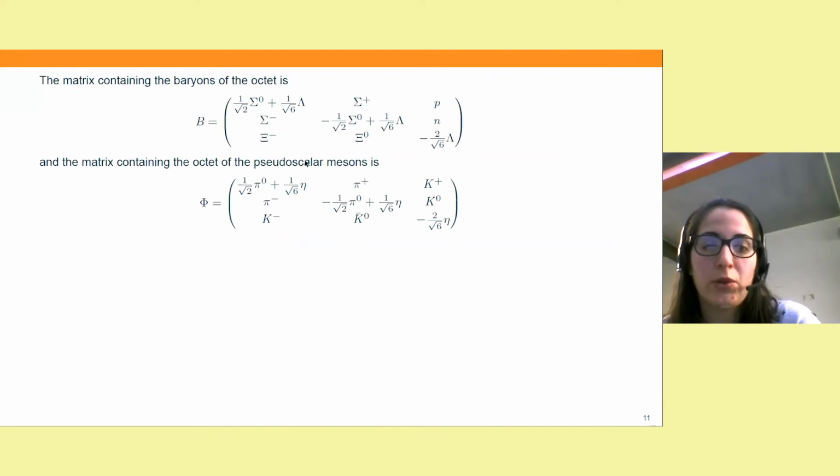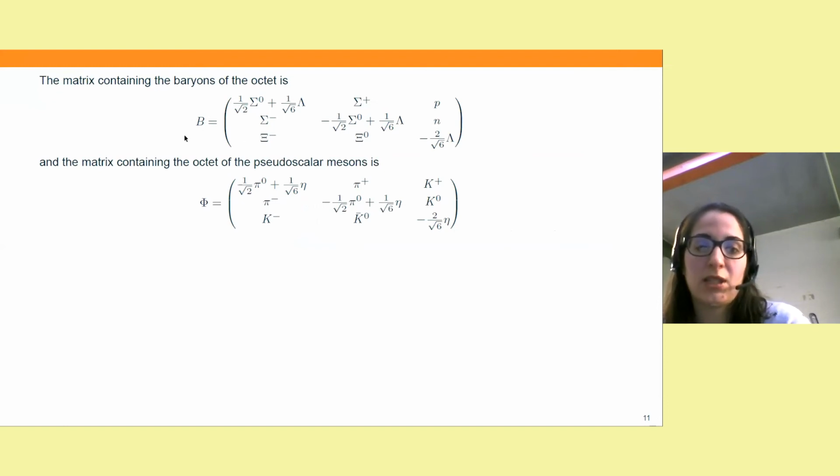What I told you is that B contains the baryons, but what is the shape of these fields? It is in SU3 because we are using chiral Lagrangians that are defined in SU3. These B matrices look like this and contain the baryons of the octet.